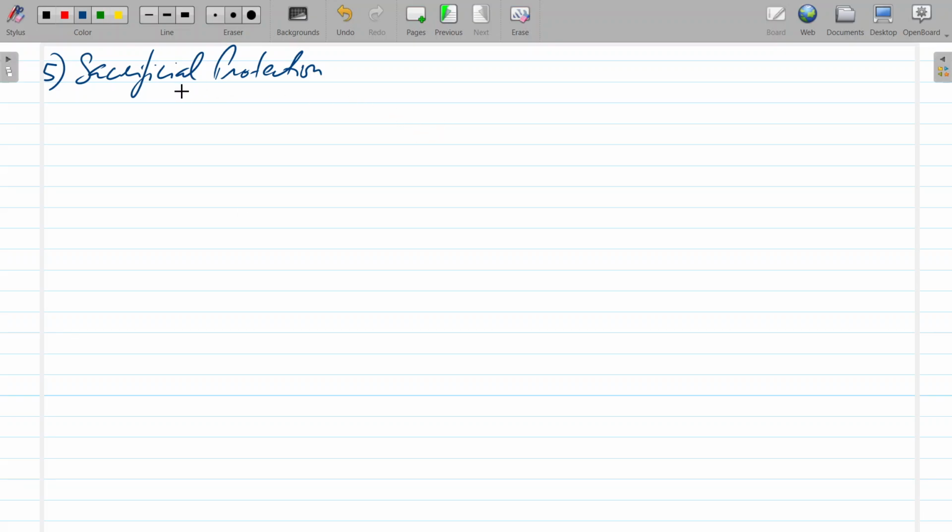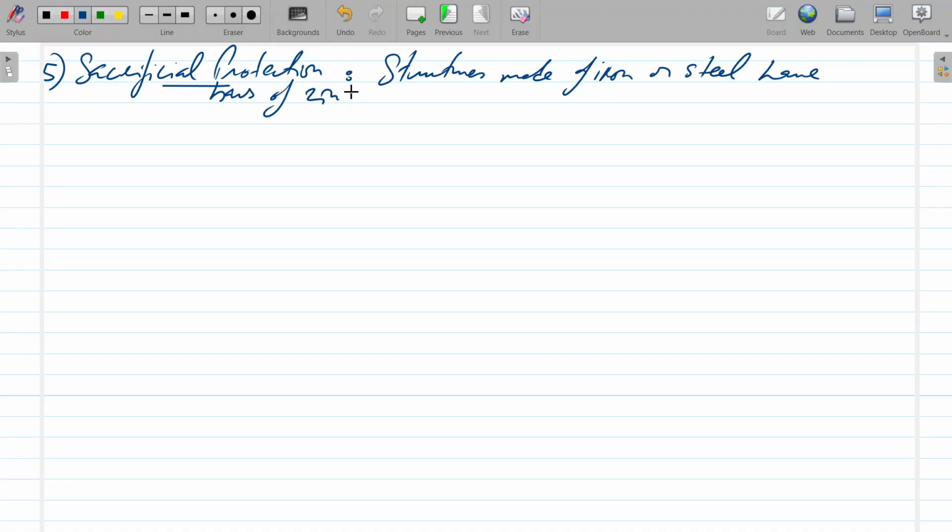So sacrificial protection has the same concept, right? Structures made of iron or steel have bars, and by bars we don't mean like the chocolate bar size, but huge bars of zinc attached to them.